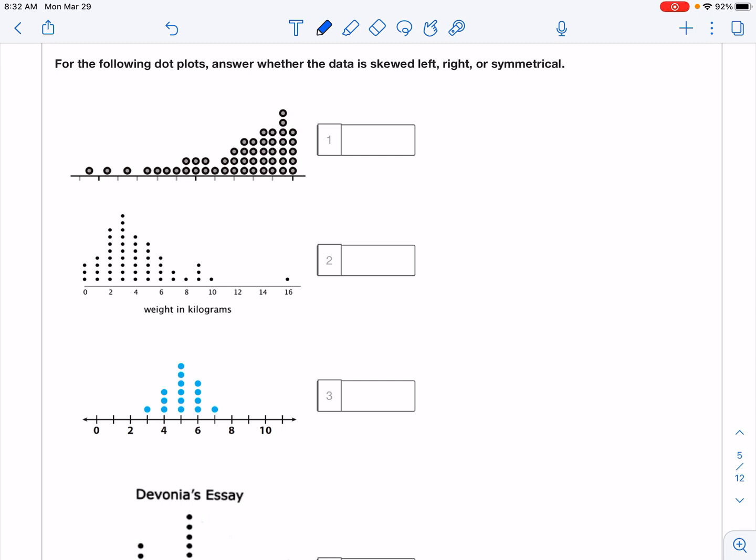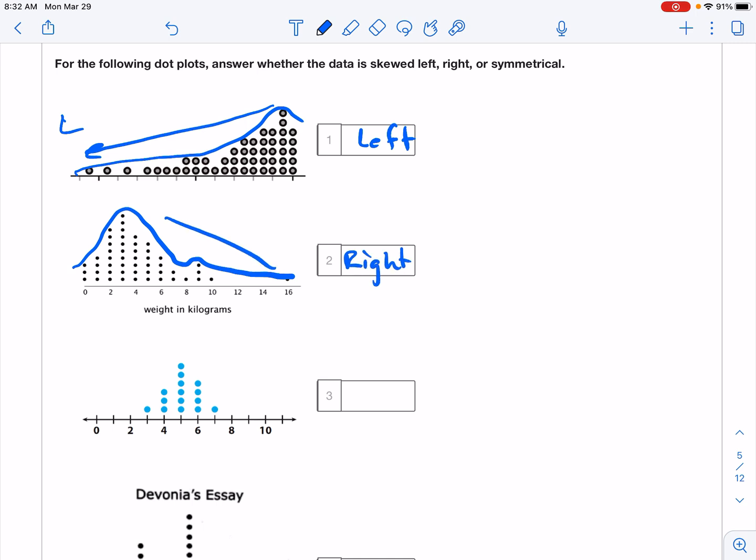Now we're just looking to see if they're skewed right, left, or symmetrical. If we outline it, this one is going down to the left. This one goes up, and then it's going down to the right. If we draw our line down the middle, this one is pretty symmetrical.